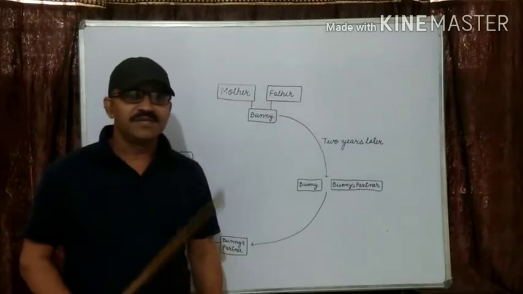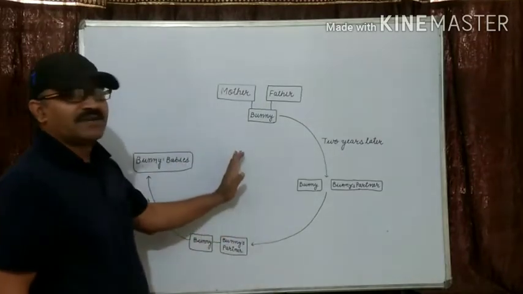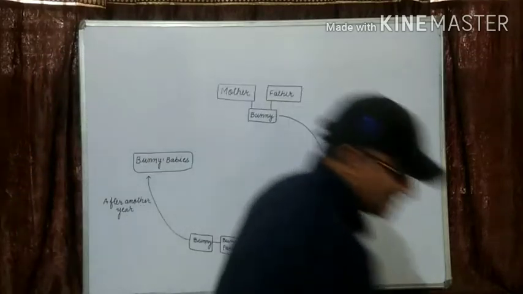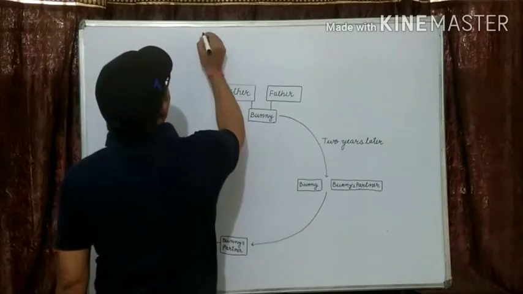All living things, including animals, go through a cycle called the life cycle. So today we discuss the life cycle of animals.